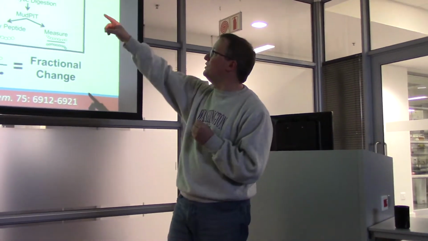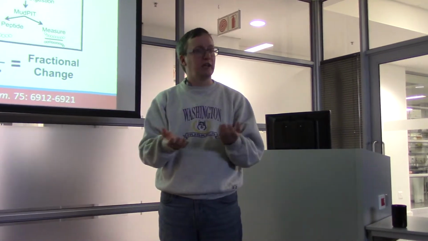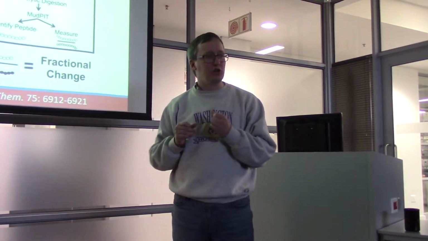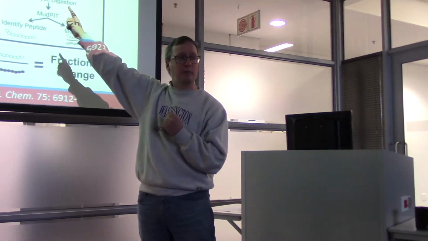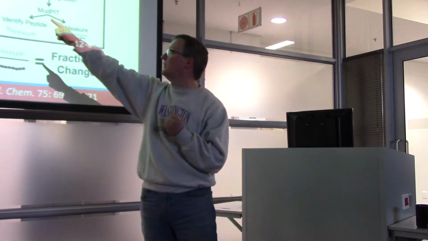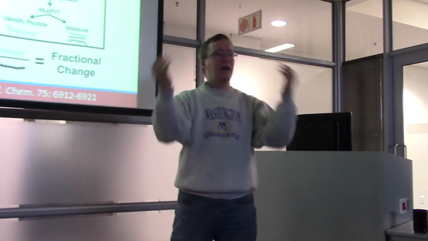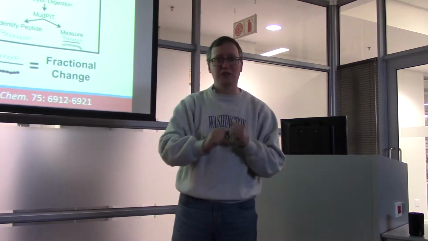So we're going to use this heavy version of the thing growing in a plate as an internal standard. In experiment 1, we mix the peptides from our heavy labeled bug with our unlabeled sample 1, and then we're going to compare the intensities of heavy and light peptide pairs between those two.